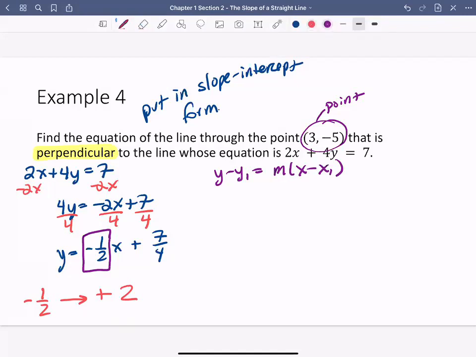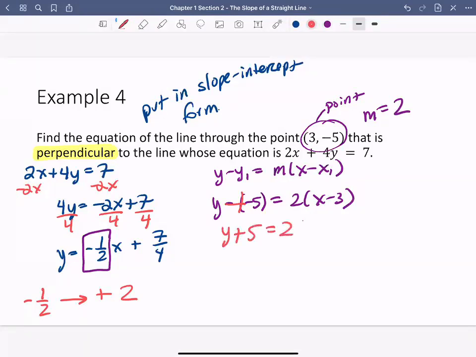So now when I go to my point-slope form, because now my point is 3, -5, and now my slope is +2, when I substitute it in, it looks something like this. What's nice about this one is I have no fractions, so I don't have to worry about side work of any sort. Remember, a negative times a negative is a positive, so it's y plus 5.